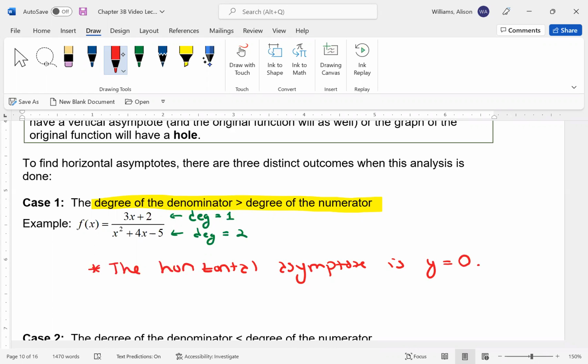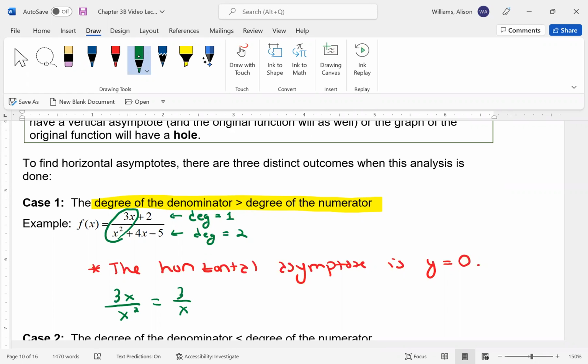Now, there's a reason for this, and I don't really want to get into the giant explanation, but a basic reason is they basically take the first 2 leading terms of the polynomials and compare. So if I'm looking at those, I have 3x over x squared, which, by the way, an x cancels in the numerator and denominator, and I'm left with 3 over x. Well, that's a vertically stretched version of the reciprocal function, and it has a horizontal asymptote at y equals 0. So there you go, y equals 0.